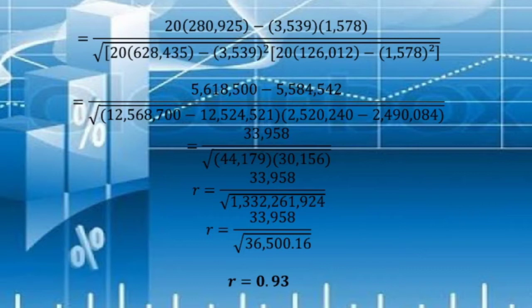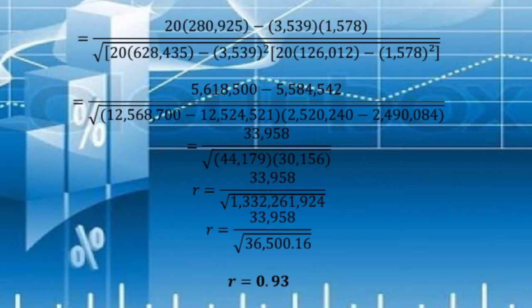r equals, our n is 20 times the value of summation of xy, which is 280,925. Copy the minus.